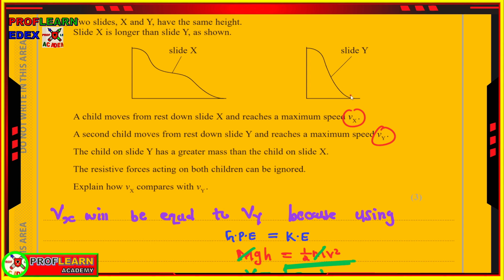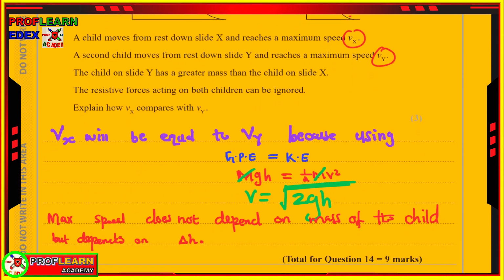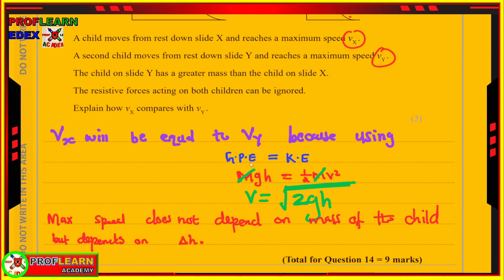They are going to be down here at the same maximum speed. Remember, they have the same gravitational potential energy because they are at the same height. Both of them have this. So for that, vx will be equal to vy.